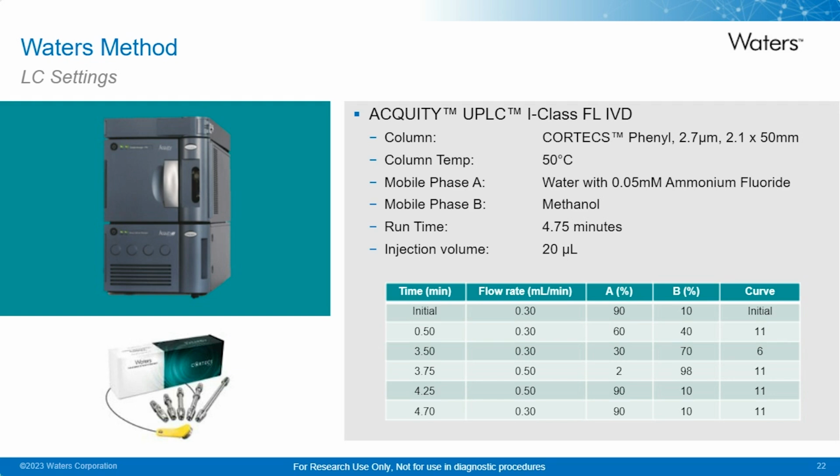Mobile phase A consisted of LCMS grade water with ammonium fluoride, and mobile phase B was just methanol. The chromatographic separation was performed across 3.5 minutes, and then the column was washed and re-equilibrated, and this gave an injection to injection time of around 5.5 minutes.